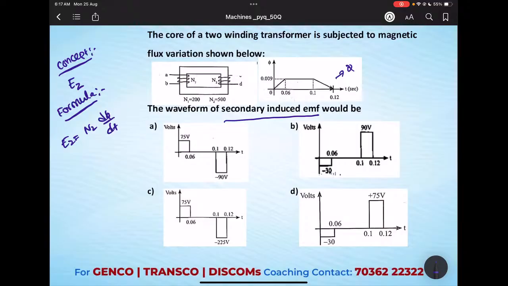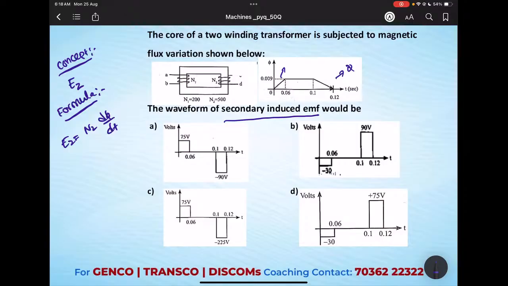Just observe the given options once. Since it is a ramp, if you differentiate a ramp, we are going to get a square waveform. Is it clear? So that square waveform needs to be on the positive side only.